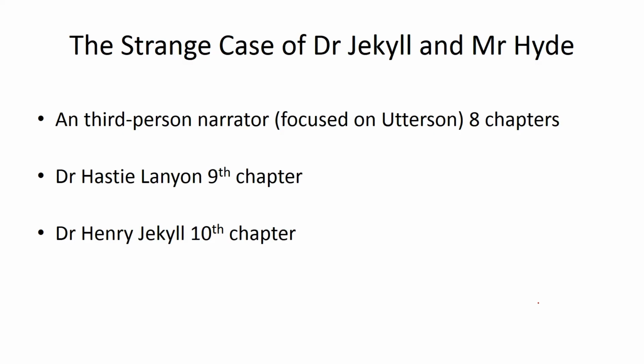But by the 9th chapter, we have the narrative of Hastie Lanyon. It's a first-person narrative. It's a letter that he writes, and that is finally read out by Utterson quite late into the novel. And finally, we have the letter of Dr. Henry Jekyll in the 10th chapter, the final chapter, and that is also read by Utterson.